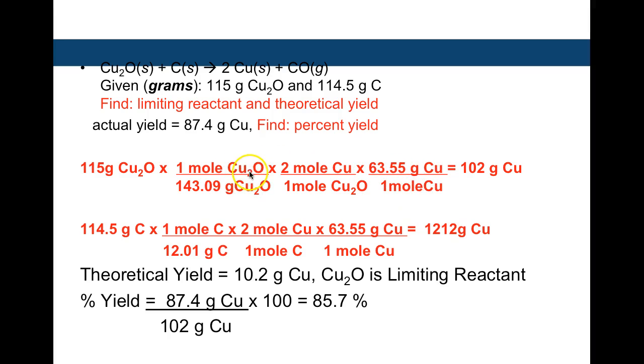So moles of copper 1 oxide converted to moles of copper, and then multiplied by the molar mass of copper. So 102 grams of copper is the yield.